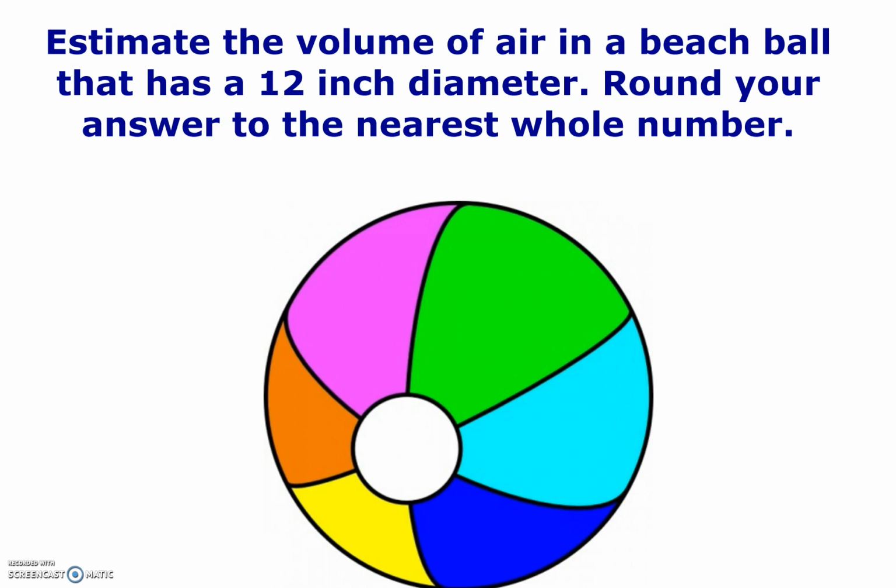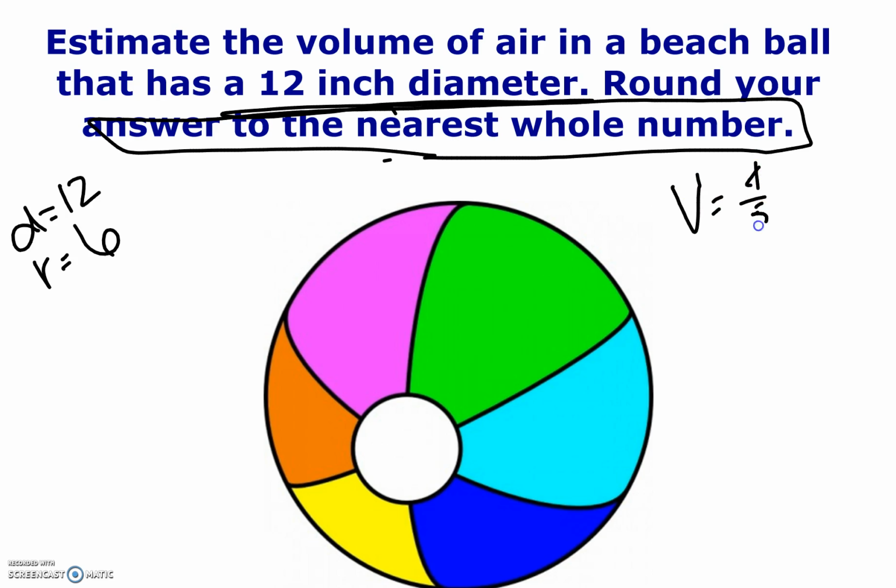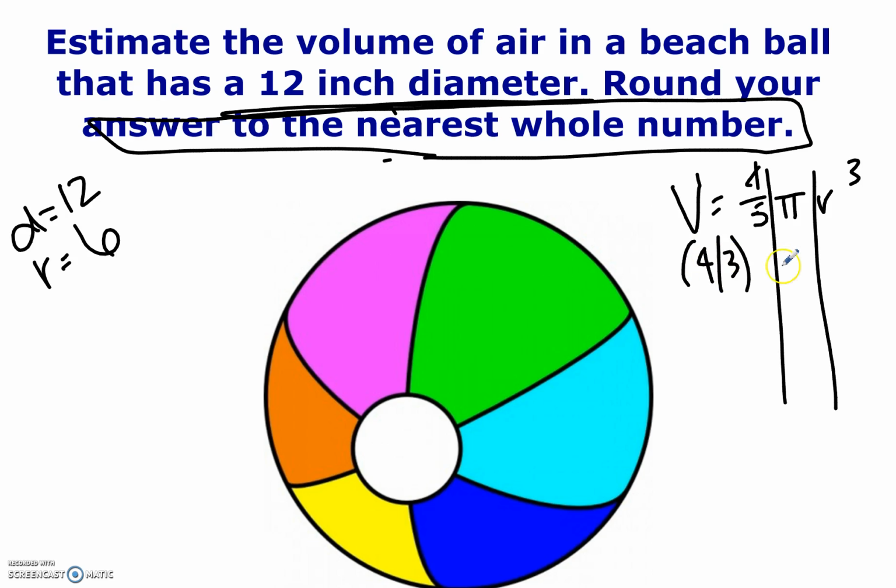Okay, estimate the volume of the air in a beach ball that has a 12-inch diameter. Diameter is 12, so that means our radius is going to be 6. Round your answer to the nearest whole number. So here it tells you we are actually going to whole numbers, not decimals. So again, we're going to start with our formula. 4 divided by 3 pi r cubed. Draw your line, so we're going to have 4 divided by 3 pi, and then 6 times 6 times 6.